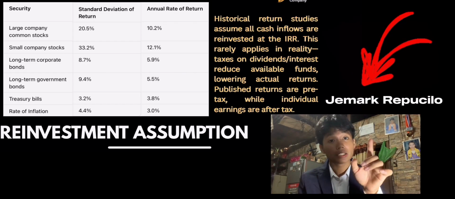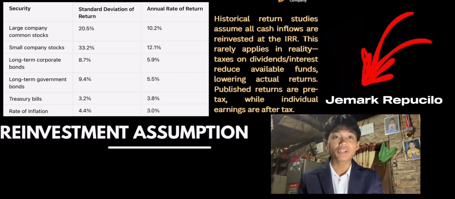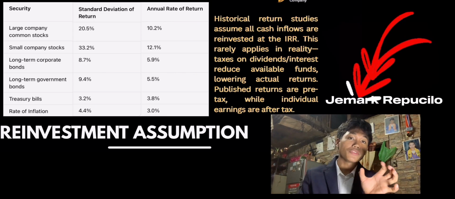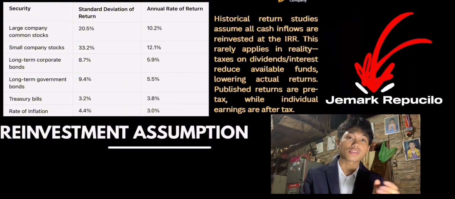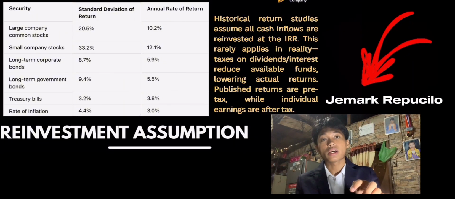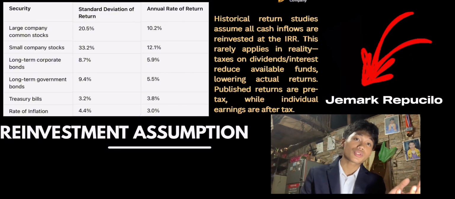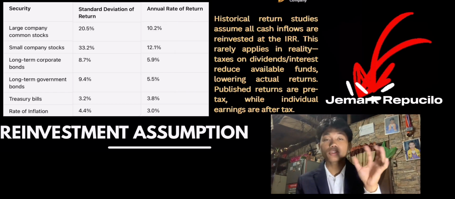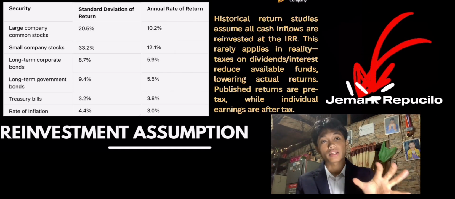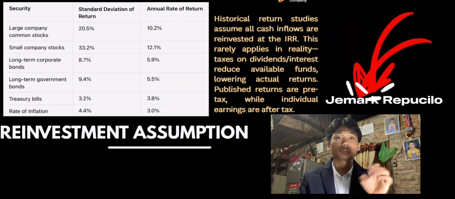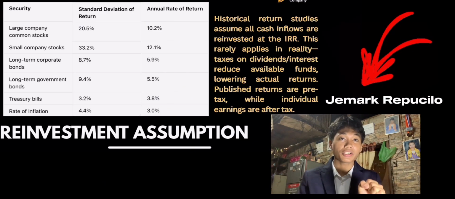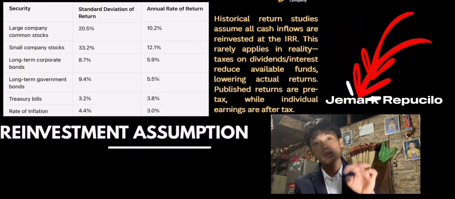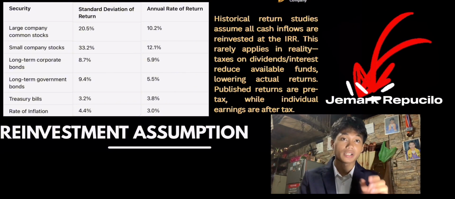So the table compares different types of investment based on the standard deviation of return and the annual rate of return. The standard deviation of return is a measure of risk or volatility. The higher percentage means the investment price changes more and is riskier.